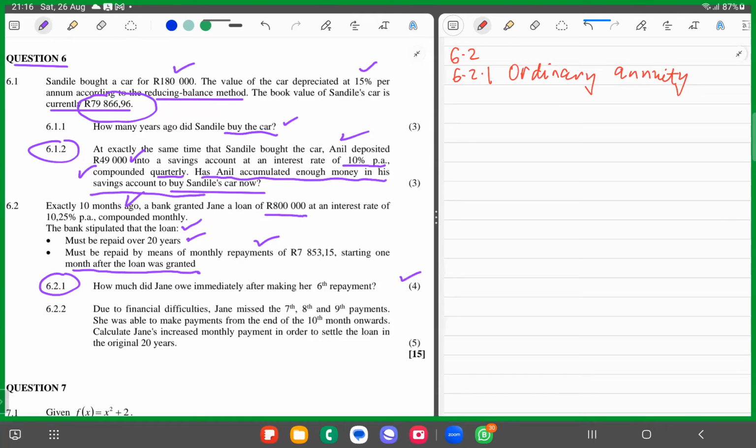The payments are ordinarily not immediate. So now, how much did Jane owe immediately after making the sixth payment?